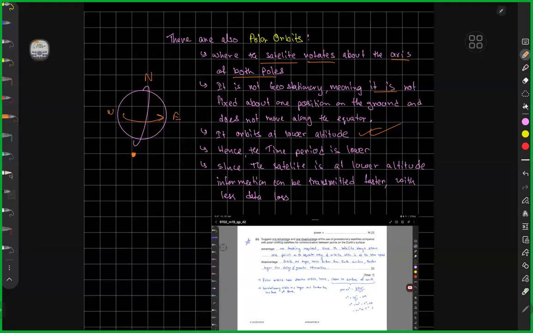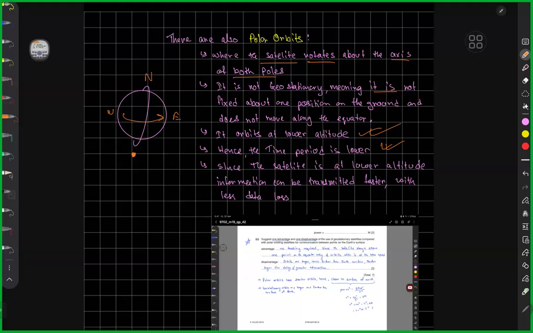We just assign it a lower time period value, let's say 10 hours or 5 hours. And if the time period is lower, the altitude at which these satellites can be is lower. That's the benefit. That's why we have polar orbits. Okay, fair? So the time period is lower.